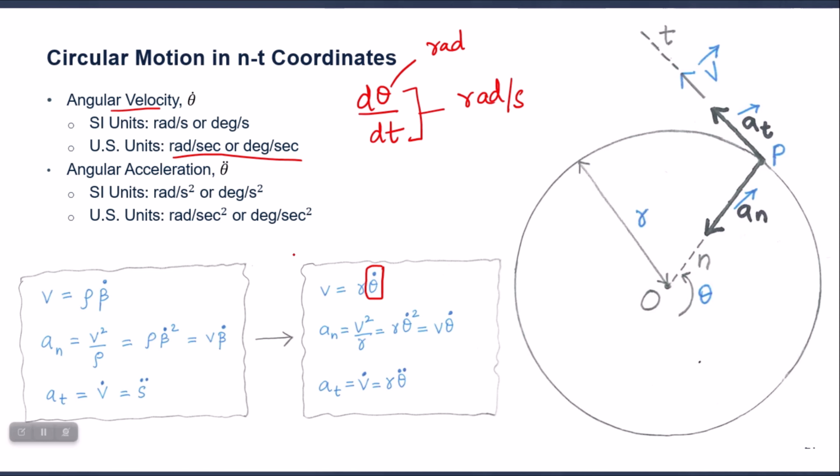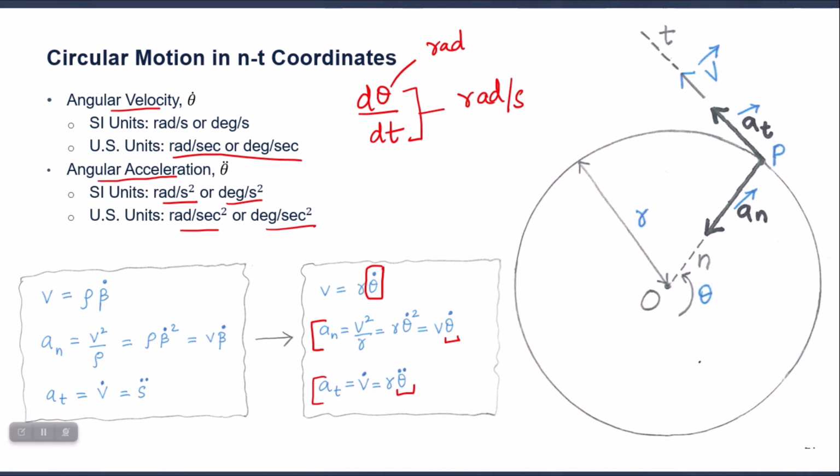In acceleration, you can see both terms: first of all, a sub n contains the quantity theta dot, but a sub t contains a quantity called theta double dot, and this quantity is called angular acceleration. Its units will be radian per second square or degree per second square in the SI system. In the US system also the same units but different symbol, right?